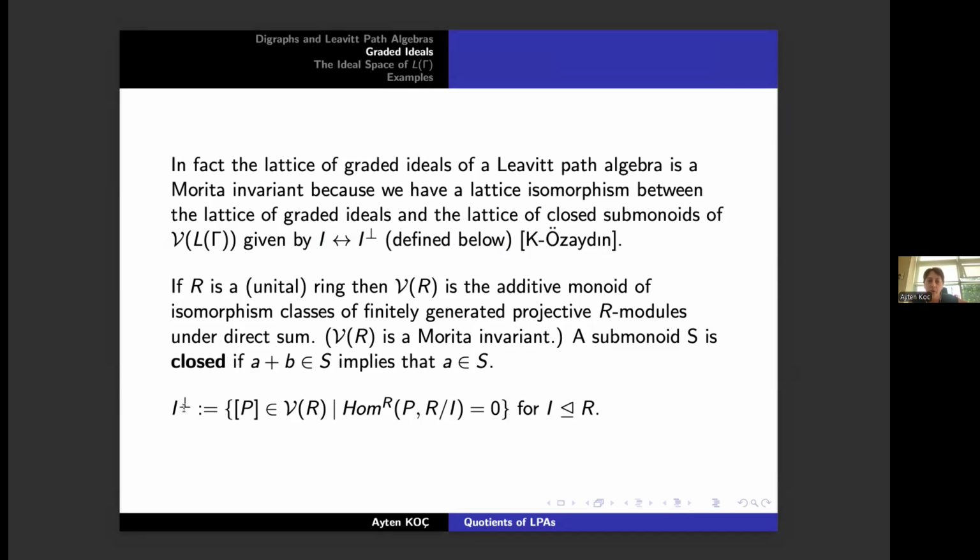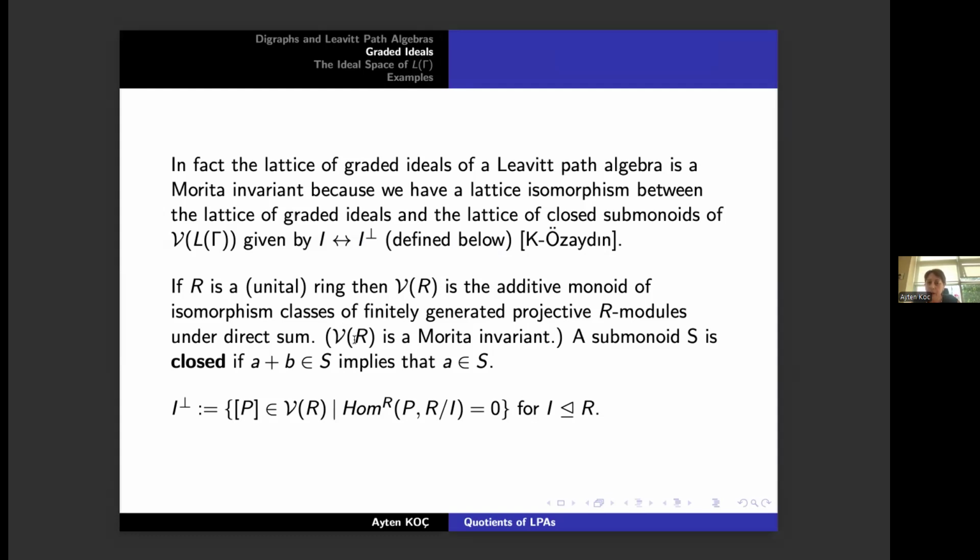Here I perp is the set of isomorphism classes of finitely generated projective modules P such that there is no non-zero homomorphism from P to R over I. And we know that the non-stable K-theory V of R is an additive monoid of isomorphism classes of finitely generated projective R-modules under direct sum.